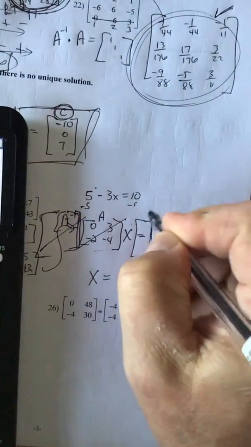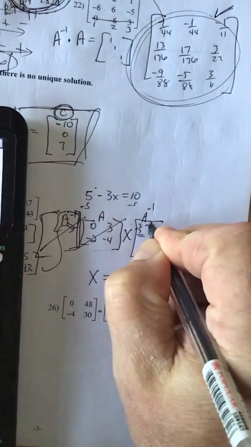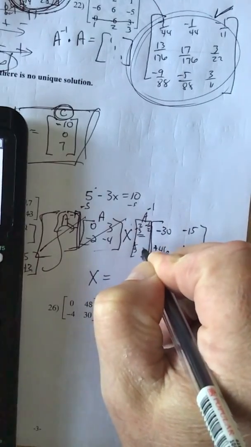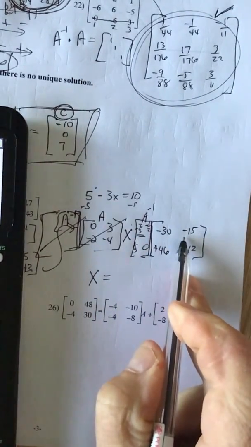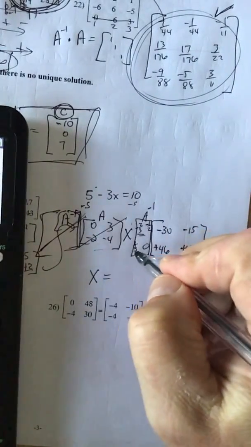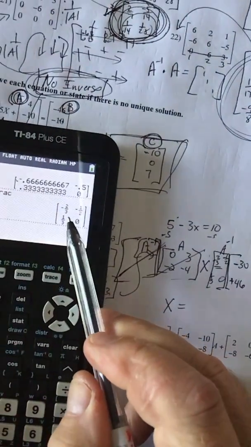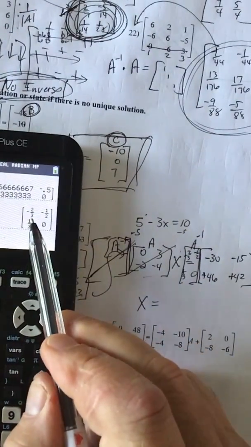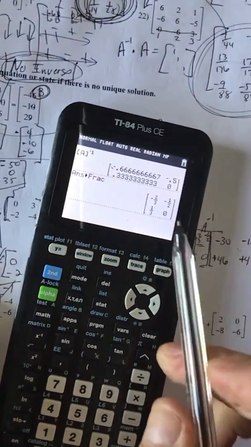It's got to be in front. That A inverse has to go right there. The -2/3, the -1/2, the 1/3, and the 0. It's got to go in the front. I've got to take the inverse times this one. So I did it on the left. I got to do it on the right, and that will do it. So I need this inverse matrix times this one.